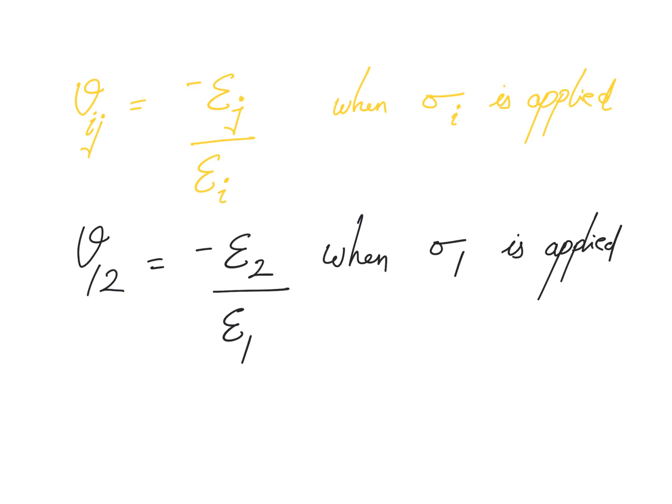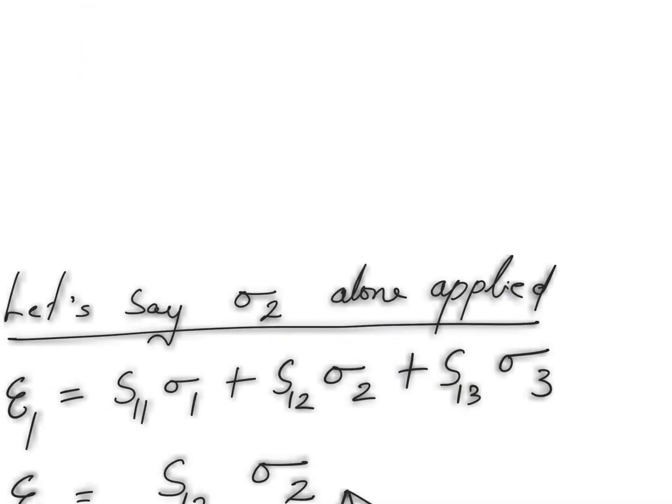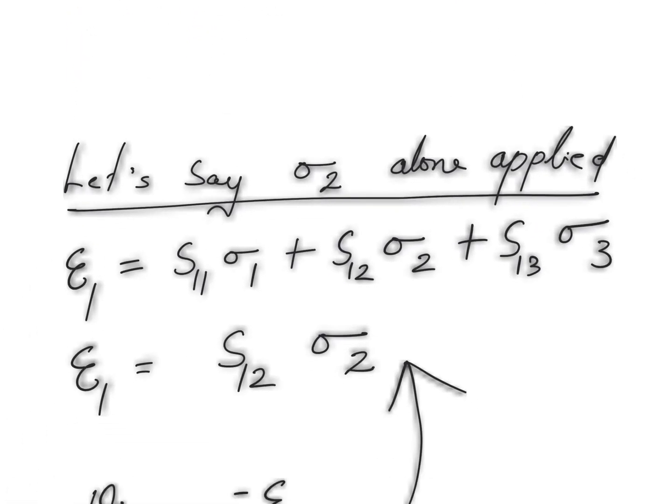This is similar to the conventional Poisson's ratio, but defined in a more general case. For example, mu12 is defined as minus epsilon 2 divided by epsilon 1 when sigma 1 is applied.